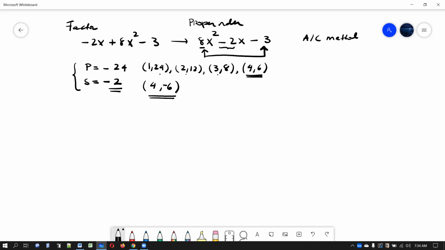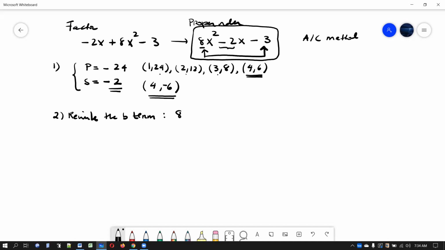Once I found the pair, the very next step, so this is my first step, is I am going to rewrite the B term using the pair. So the original trinomial was this.